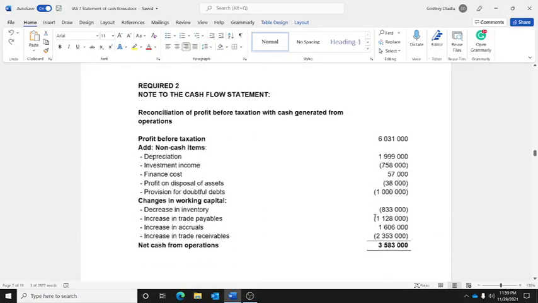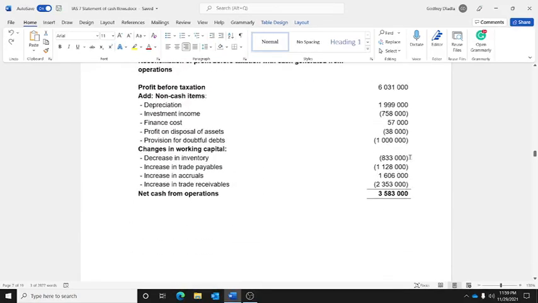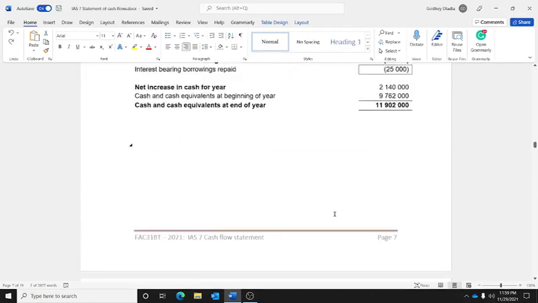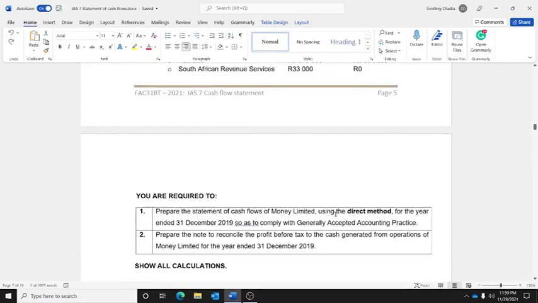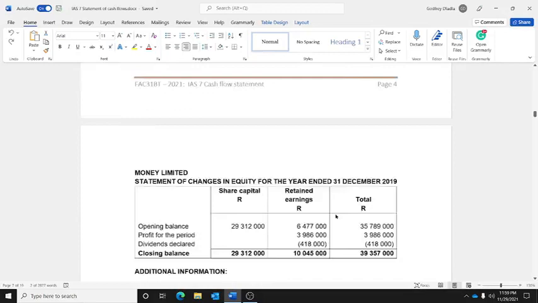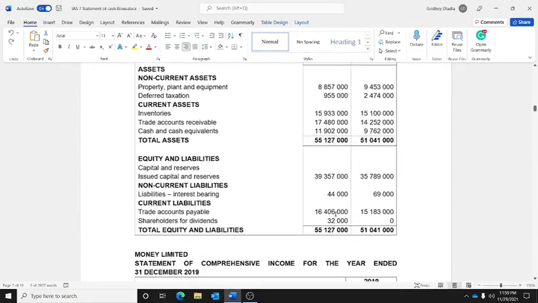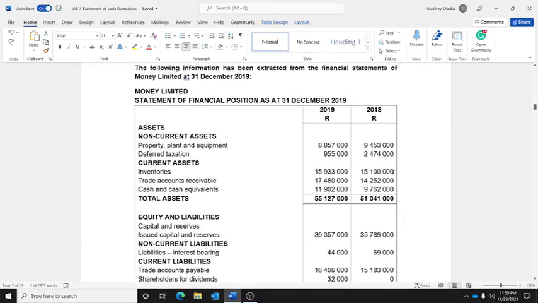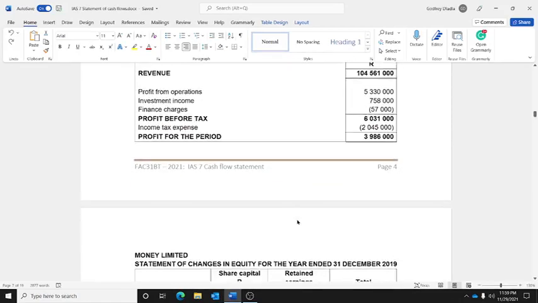Right, here we go. Your inventory. Decrease in inventory. Let me just read this. Something doesn't make sense here. It can never be that when it says decrease in inventory. Is the inventory decreasing? No, it's not decreasing. It's increasing. Unless I'm reading this wrong, because from 15 to that, it is an increase. It's not a decrease.